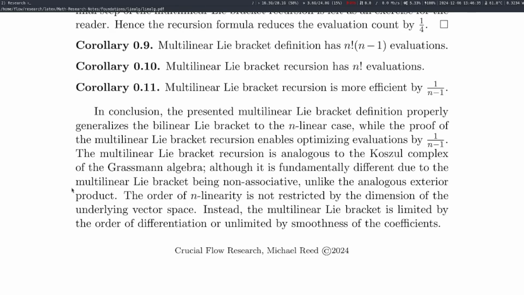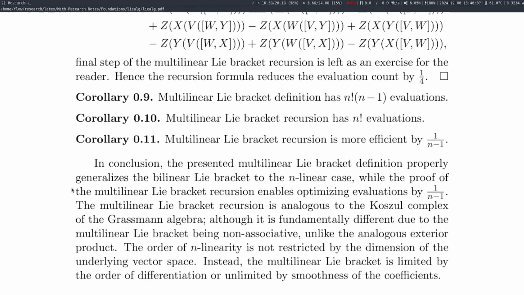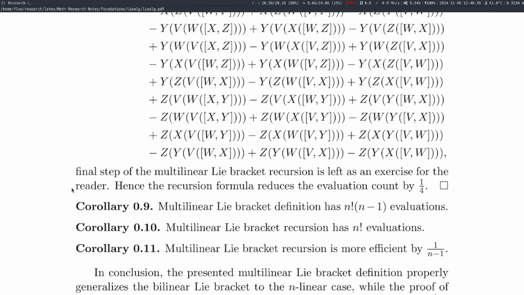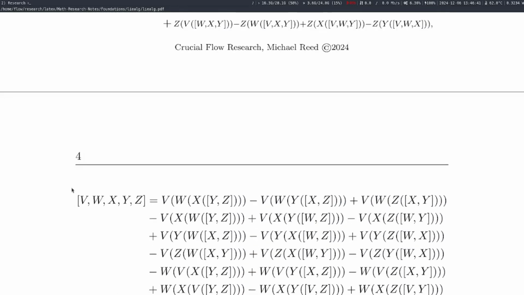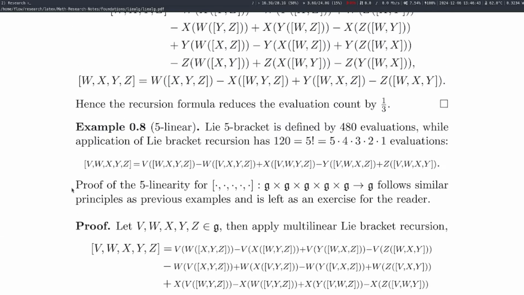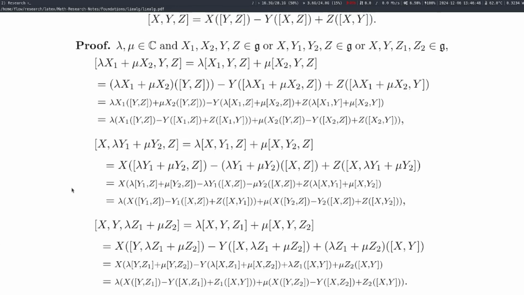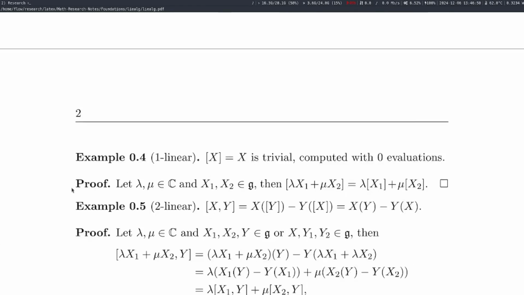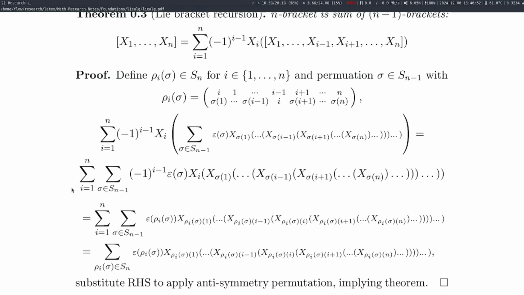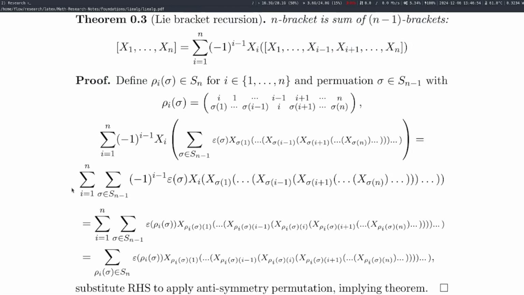So that's it basically. This is just kind of a quick result, a quick paper. I wanted to get this out there to show this to people, and I'll just go back here to the Lie bracket recursion formula and my proof.